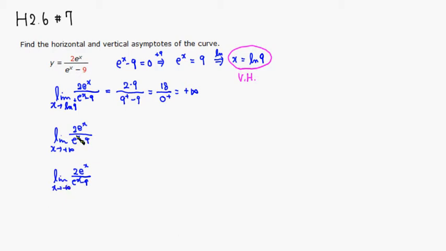All right, so for positive infinity, you can see that if you plug in, the numerator is getting larger and larger, and so is the denominator. So what you can do is the same trick we've been using. We're going to divide top and bottom by, say, e to the x.